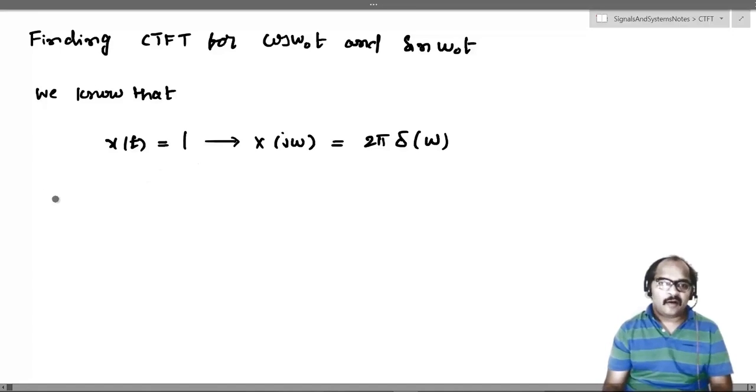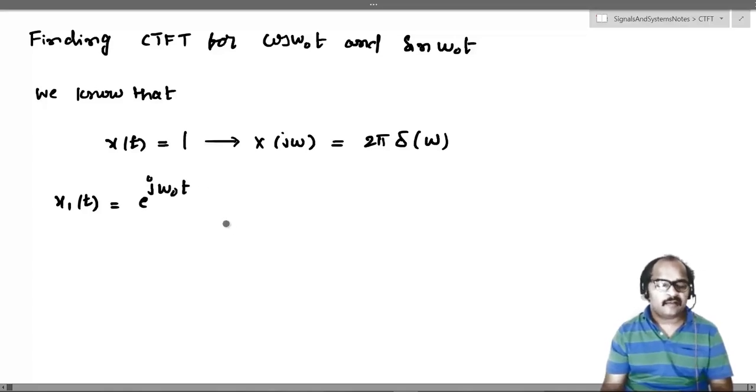Now let us define a new signal x1 of t, which is equal to e power j omega naught t. So what is this fellow's Fourier transform? Note that e power j omega naught t can be written as e power j omega naught t into 1. So is it not looking like e power j omega naught t into x of t? Why? Because 1 we assume to be x of t.